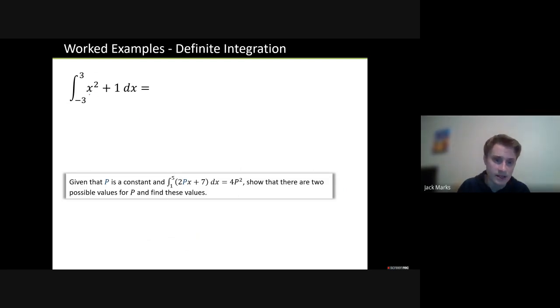So we're integrating this thing here, could put it in brackets, with respect to x, and we're doing it between 3 and minus 3. So what do we want to do? Well, first of all, we integrate it, which is x cubed over 3 plus x. Now, you'll notice that I don't use a plus c. So for definite integration, you don't need the plus c.